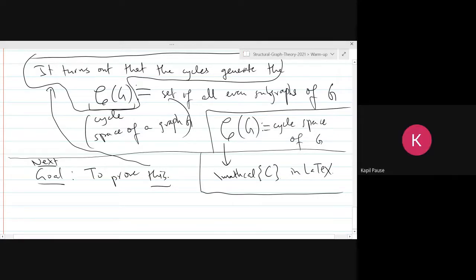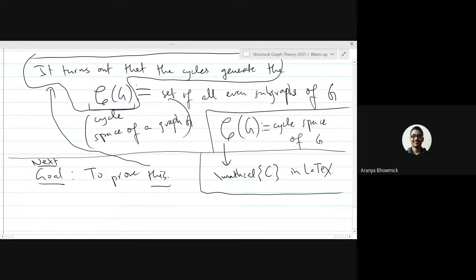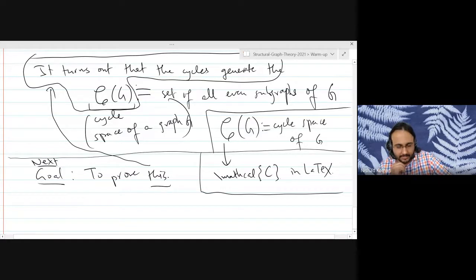Yeah, I think they generate the cycle space. Is it a basis? I will have to check. I'll have to think more about it. If we can show that the induced cycles are linearly independent vectors, then they will be a basis. That's right. So they do generate the cycle space. I am not too sure if they form a basis.